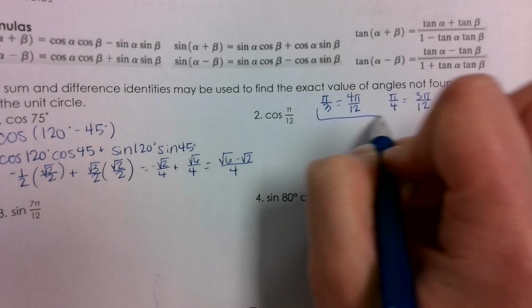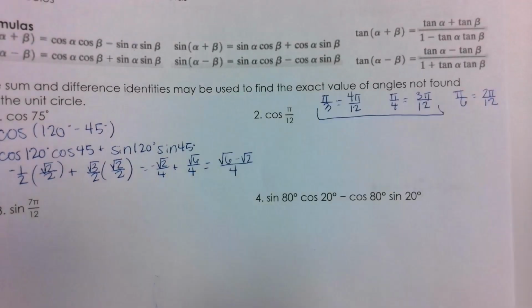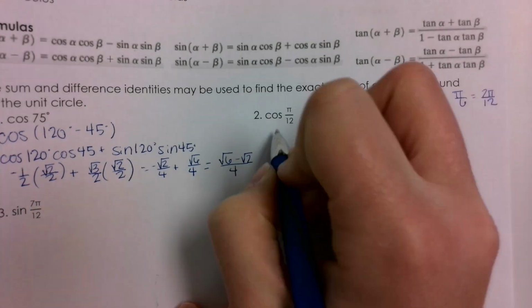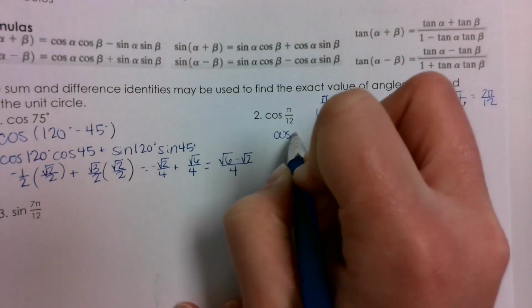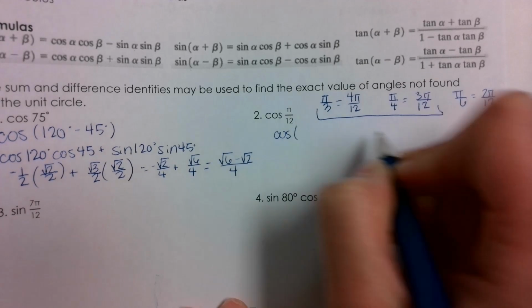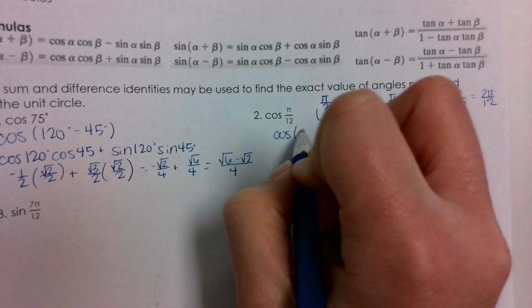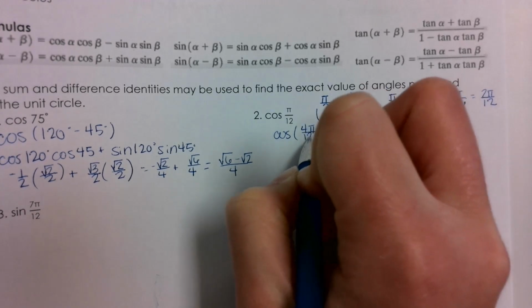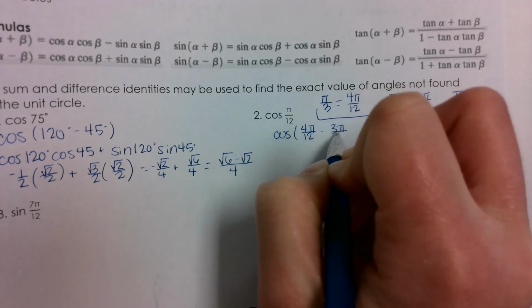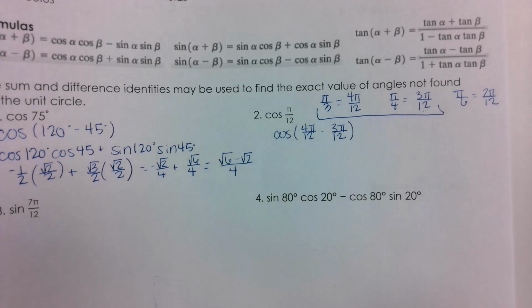So we're going to have to do subtracting. We're using the same formula that we did before. So we'll do cosine of, I'm going to use the 12 fractions, 4 pi over 12 minus 3 pi over 12. But of course we'll just be using those pi over 3 and pi over 4 angles.